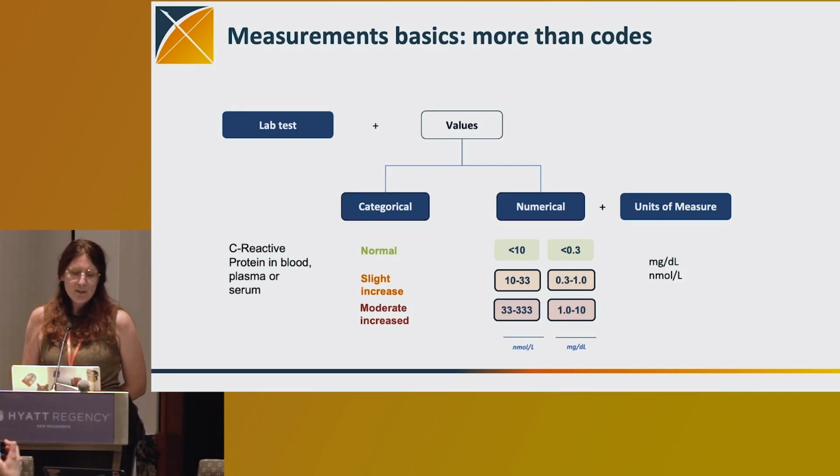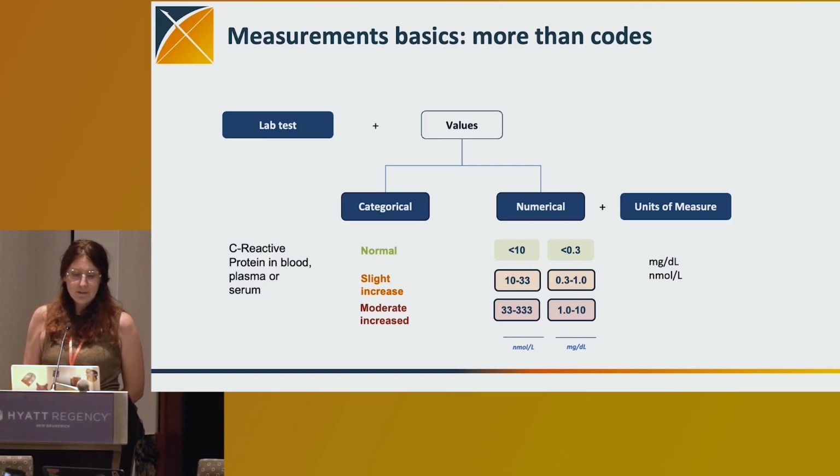When we talk about measurements, we should remember that they're a bit tricky. A measurement itself consists of a procedure of measurement, a lab test, and the result of the measurement, values.